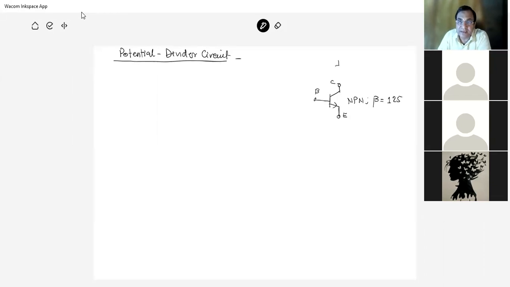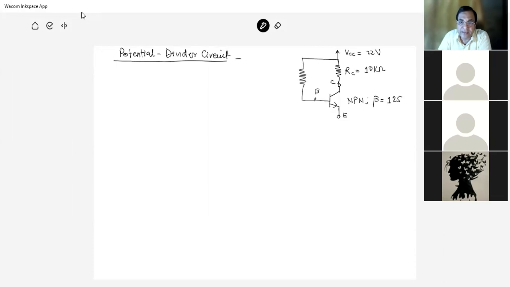This collector is connected with the resistance RC, and this RC is about 10 kilo ohm. And it is connected to a power supply VCC of 20 volt. And this VCC is also connected.